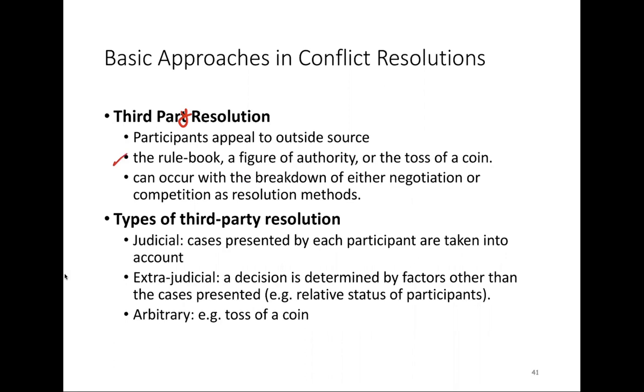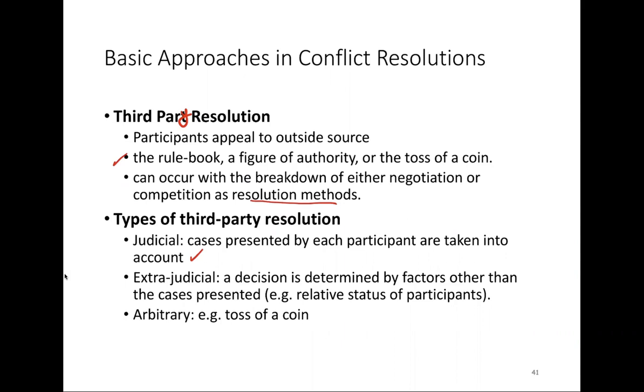The third-party resolution method can occur with the breakdown of either negotiation or competition as resolution methods. There are different types of third-party resolution, including cases presented by each participant that would be taken into account, or could even be extra third-party involvement in which a decision is determined by factors other than the cases presented.